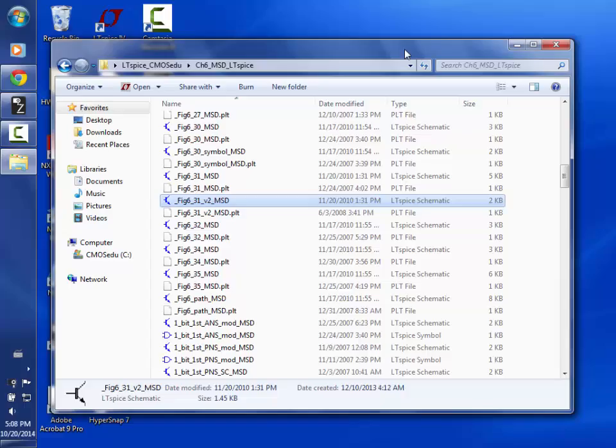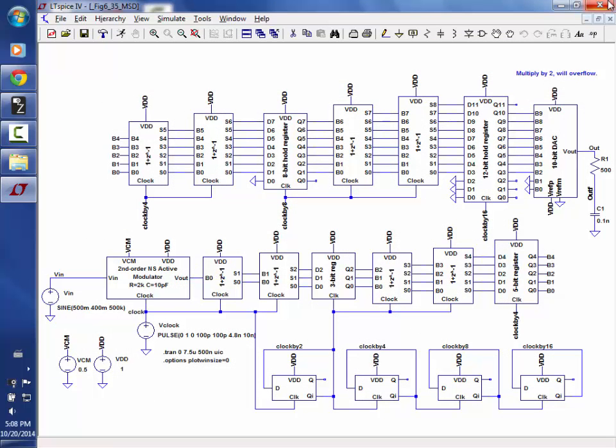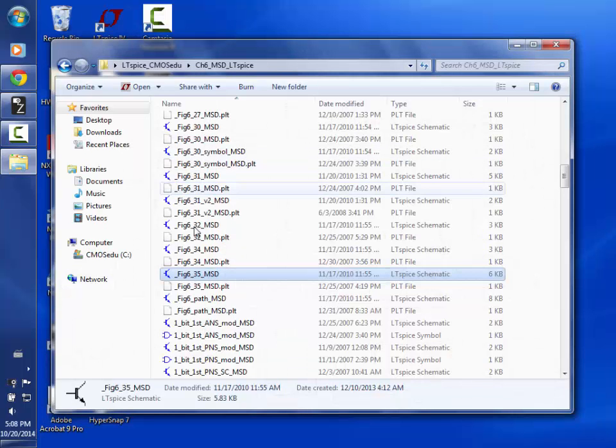Let me look real briefly at a second order modulator just to show you. There are so many figures, I don't want to sim that one. Lots of drafting.